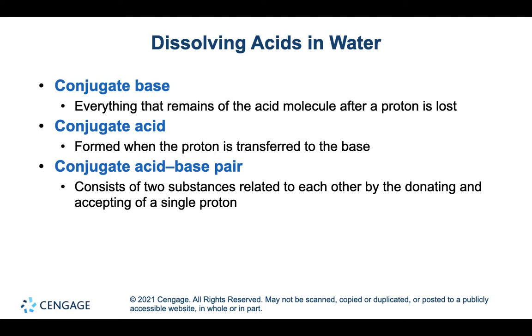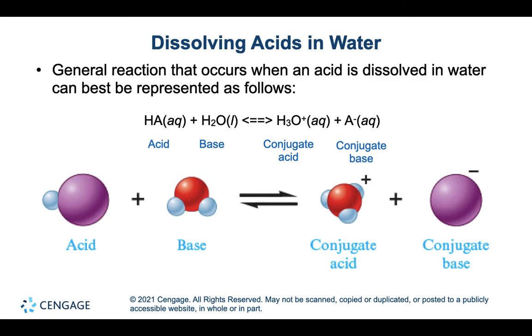So like HCl would be an acid, Cl minus would be the conjugate base. Water would be a base, H3O plus would be its conjugate acid. Water and H3O plus are considered a conjugate acid-base pair. So you can tell they go together, HA and A minus or H2O and H3O plus.